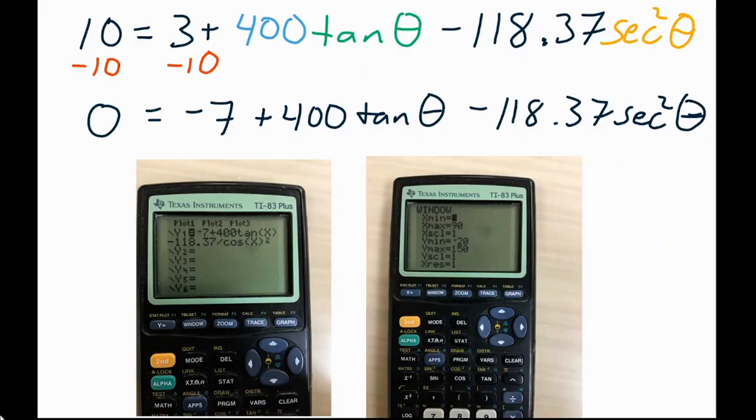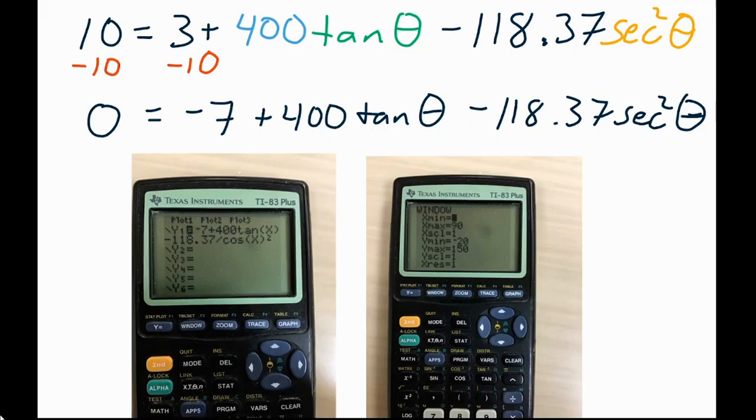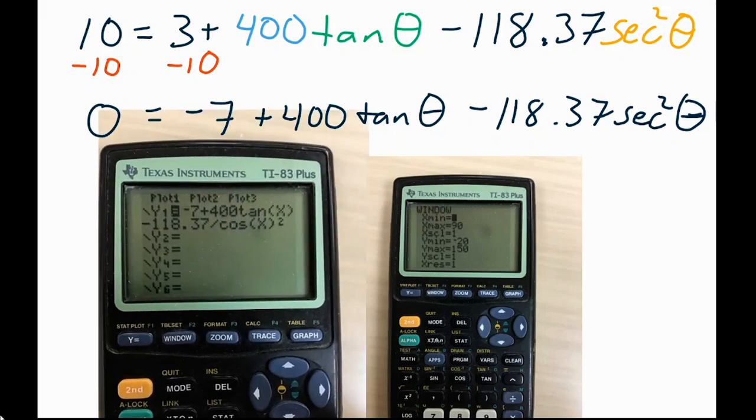Now, when it's time to graph this equation, you have to realize that we're back to just graphing a regular function. You have to change your mode back to function mode. And you're really going to just type the equation into the regular y equals screen. You're not going to have a theta because it's just a variable, so the calculator treats that like an x.